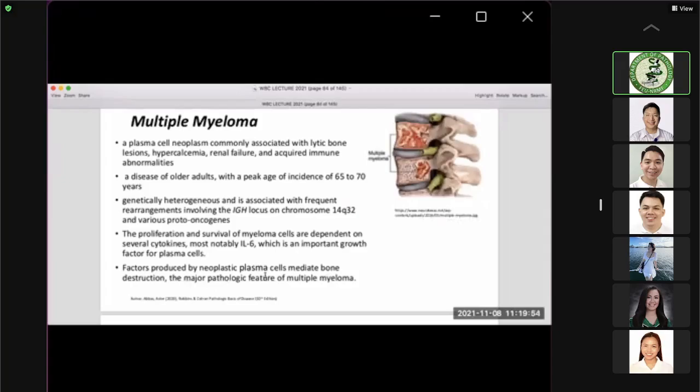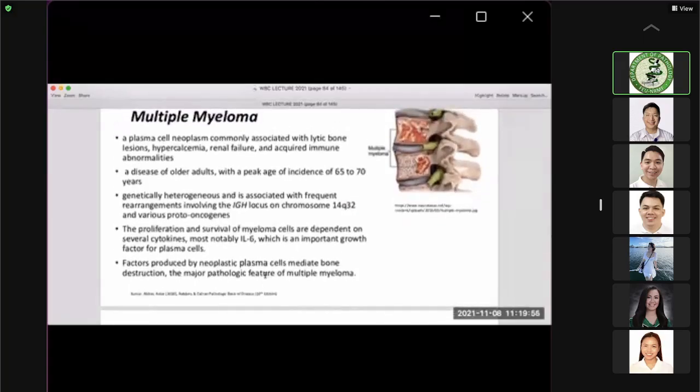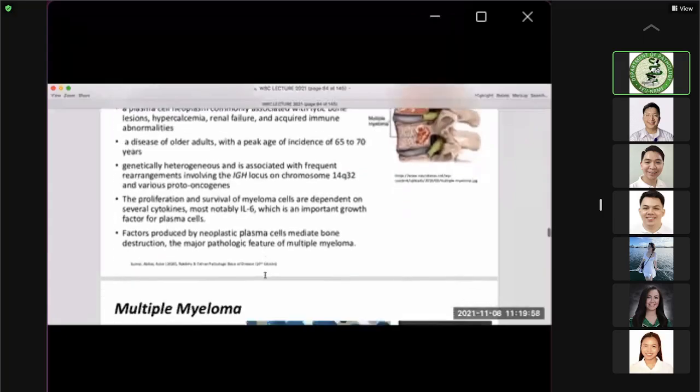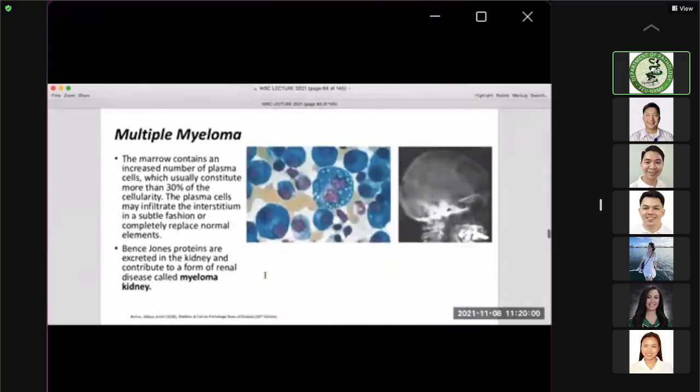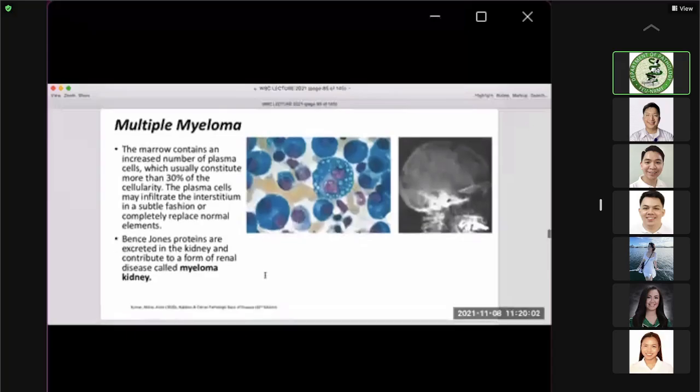Okay, pathologic features. This is associated with pathologic features of multiple myeloma. Okay, so yung marrow niya would contain increased number of plasma cells. Plasma cells have eccentrically located nuclei, you know, cartwheel pattern. They infiltrate the interstitium in a subtle fashion or completely replace the normal elements, no?